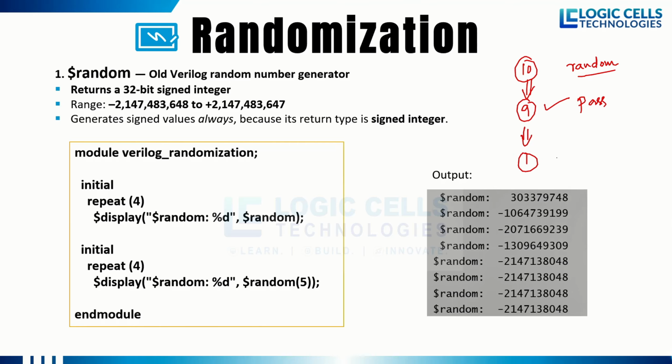In one test case, it may fail. Why will it fail? In this one test case, some particular values were generated with a particular seed, and that seed generates some kind of values. For this set of values, it is failing.